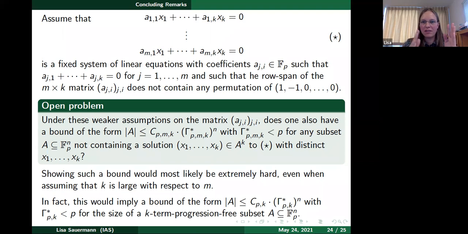So you add one equation, but you add a lot of variables, and having all variables distinct in this big system would still give you that the first k things are a non-trivial arithmetic progression. So for that reason, proving this main result under this weaker assumption is most likely extremely difficult.